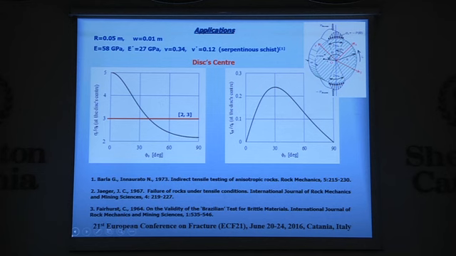This significant difference is a first point of questioning about the applicability of the Brazilian disk test. For many investigators, in order to draw safe results from the test, you have to have a ratio somewhere around this value 3. And here we see that this is not the case.